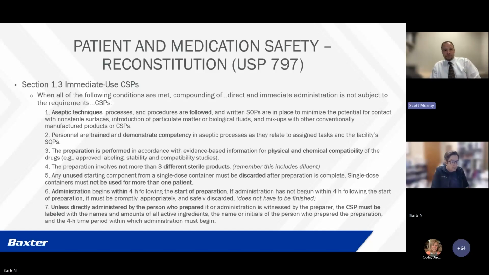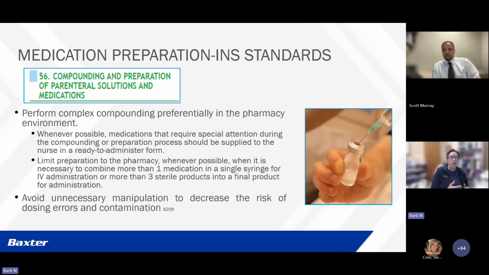Next slide, please. So just to show that this content really is reflected within the standards, we have Standard 56, compounding and preparation, and our pharmacist on the 9th edition was integral in this standard. So again, it's not a repeat of the USP 797, because that would be exhaustive, but it's really looking at that from a nursing and an infusion lens.